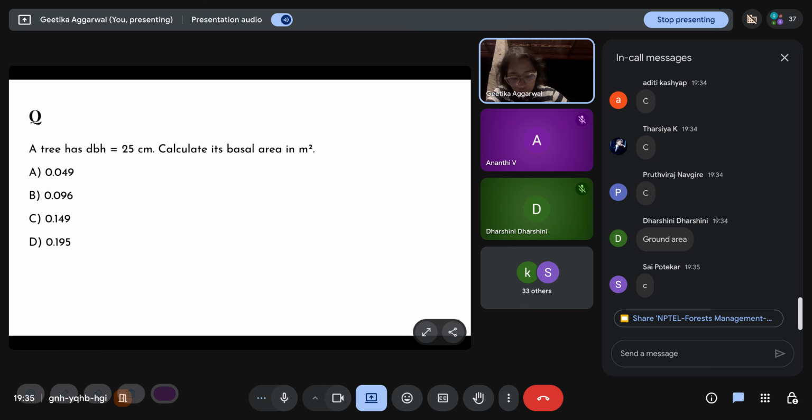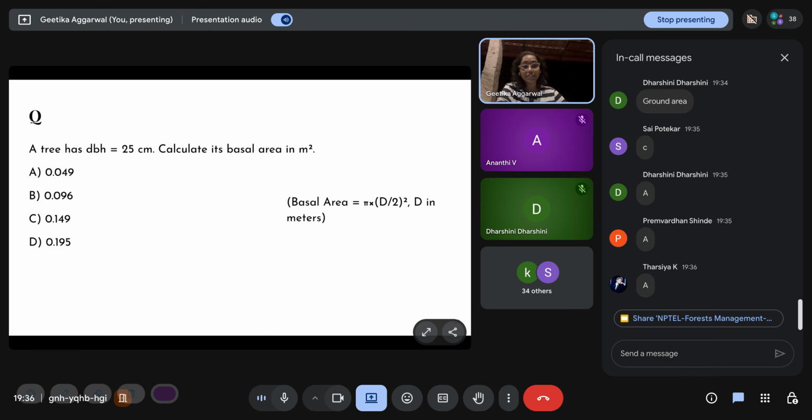So the DBH of the tree is 25 centimeters, and we want to calculate the basal area in meter square. 0.049. Very good. That is the correct answer.